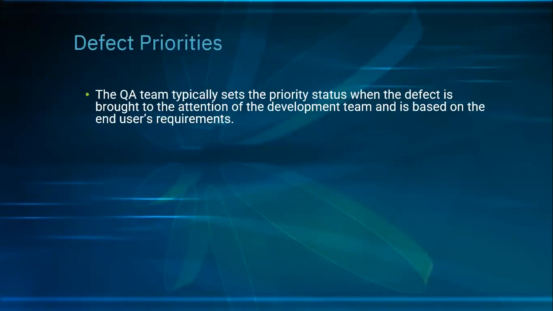So that's defect priority. So what is defect priority? The QA team typically sets the priority status when the defect is brought to the attention of the development team, and it is based on the end user's requirements.